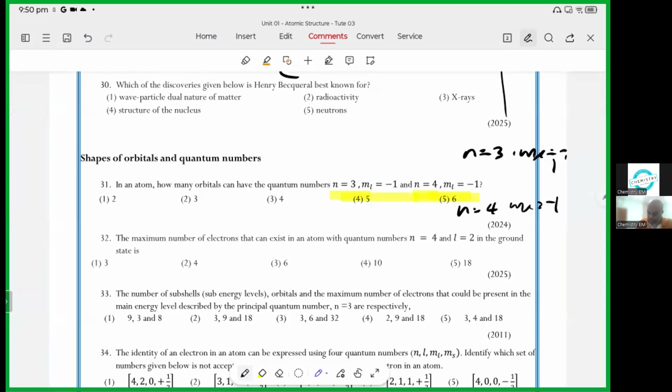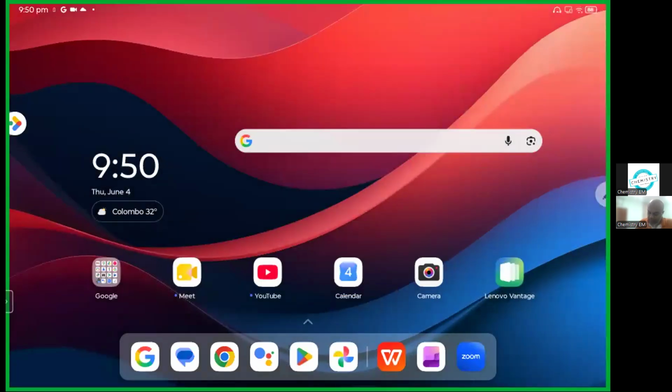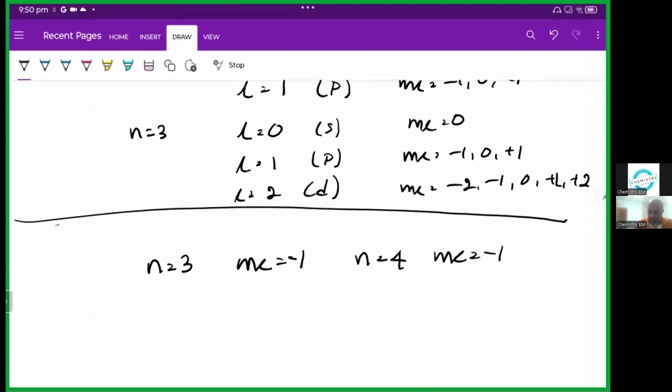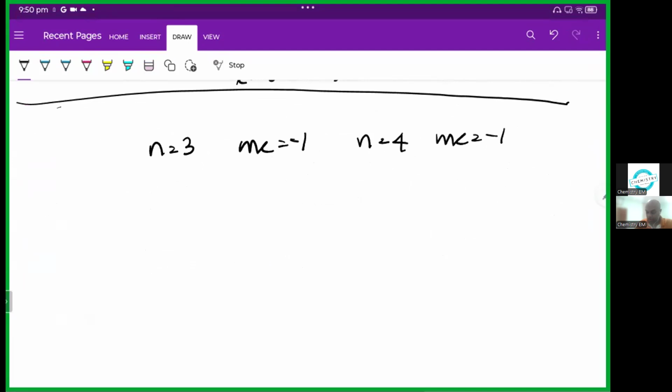How many orbitals can have the quantum numbers n equal to 3, ml equal to -1, and n equal to 4, ml equal to -1? We are asking how many orbitals.